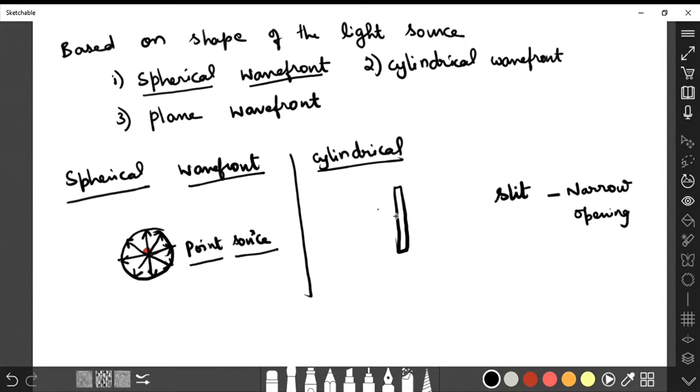What is the name for this? Linear source. In the earlier case it was a point source, only one point, but here it is a linear source. Example of a linear source is a slit, a narrow opening. The cylindrical wavefront is produced by the linear source. So how will the light waves come? Like this.